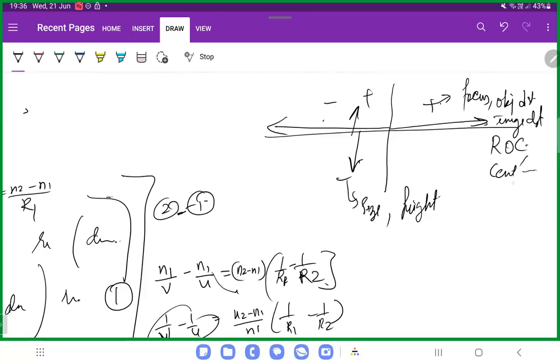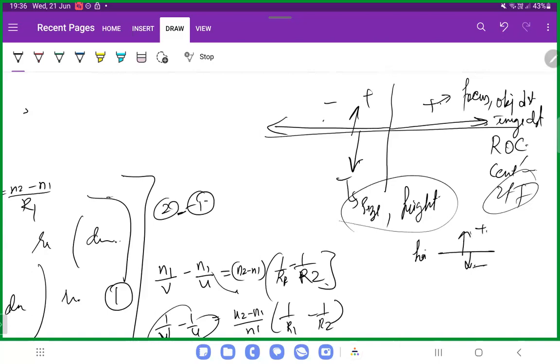What else do we have? 2F, F, whatever names we are using, depending upon how they are given in the question. This one is for above and below the principal axis: positive above, negative below. This is for height or size, height of an image, meaning how long it is: positive or negative.